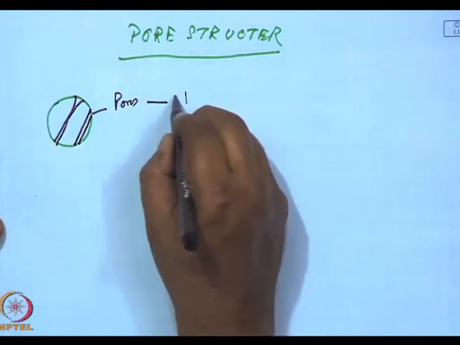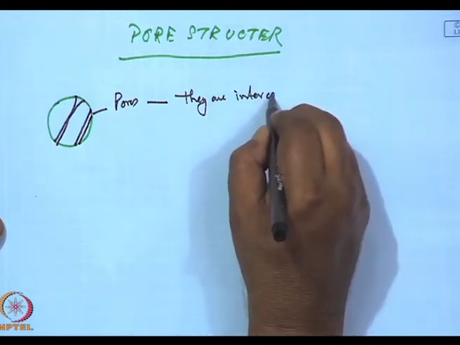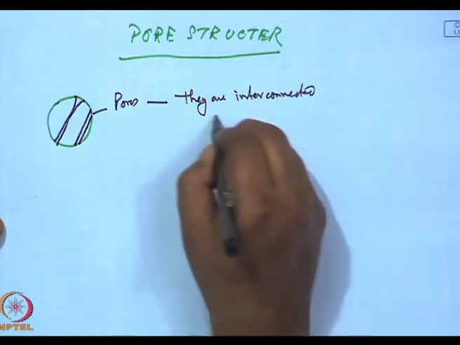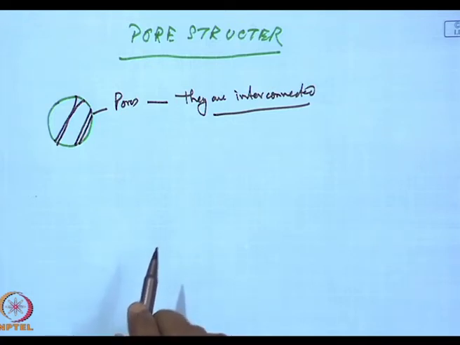At times they are interconnected, at times they are just pores. This makes the grains very, very porous, and as a result alters the sintering procedure. So, the first question is, how do I measure the total porosity in my ceramic?